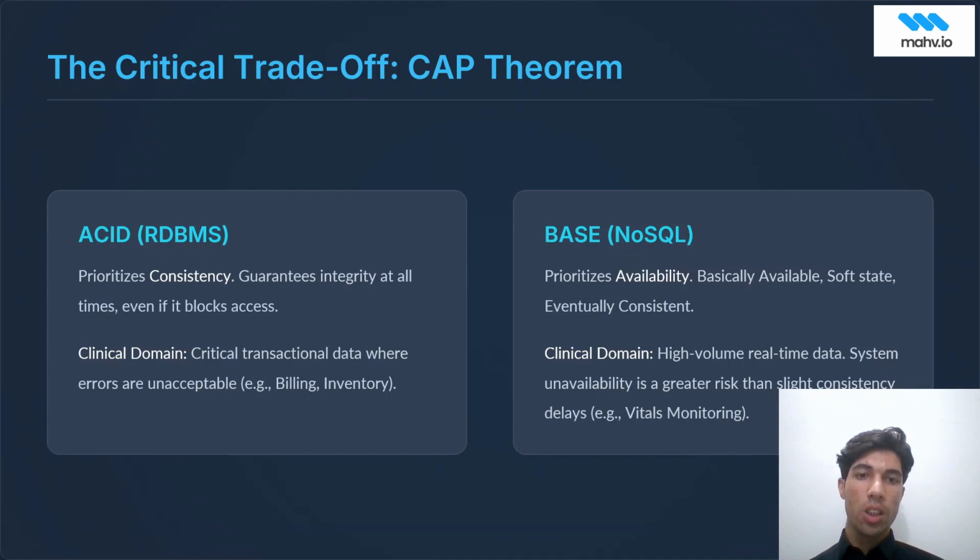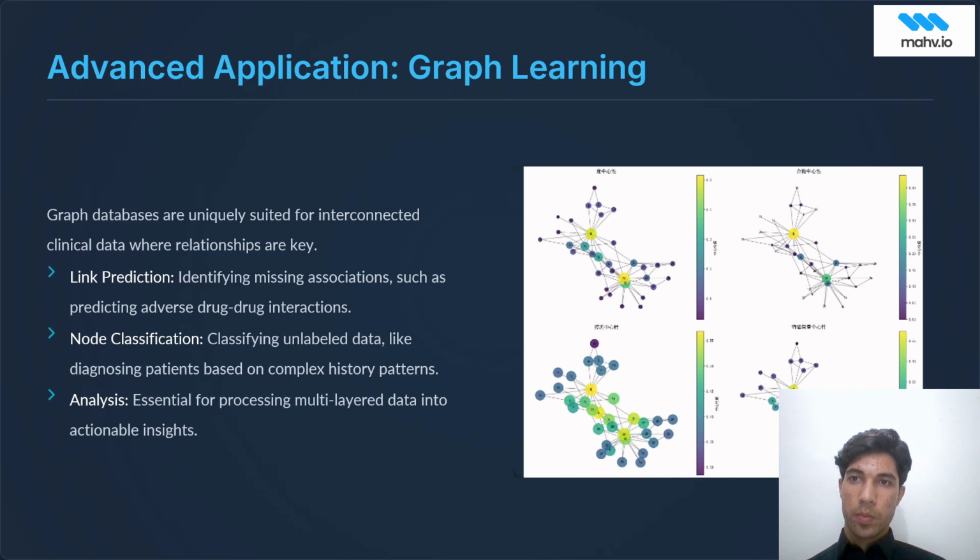On the other hand, NoSQL prioritizes availability over consistency. So it is used in places where availability is more important. Unavailability is a greater risk than slight inconsistency, like real-time vitals monitoring, etc.